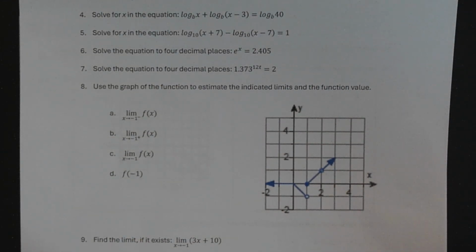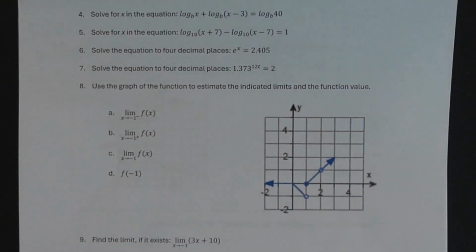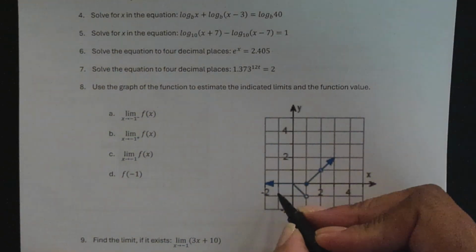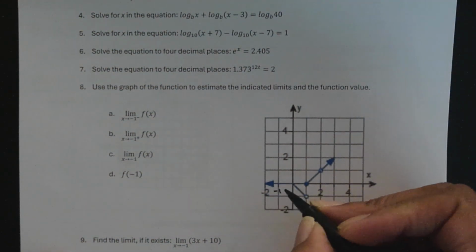So in part A, you want to find the limit as x approaches -1 from the left of f of x. It is 0.